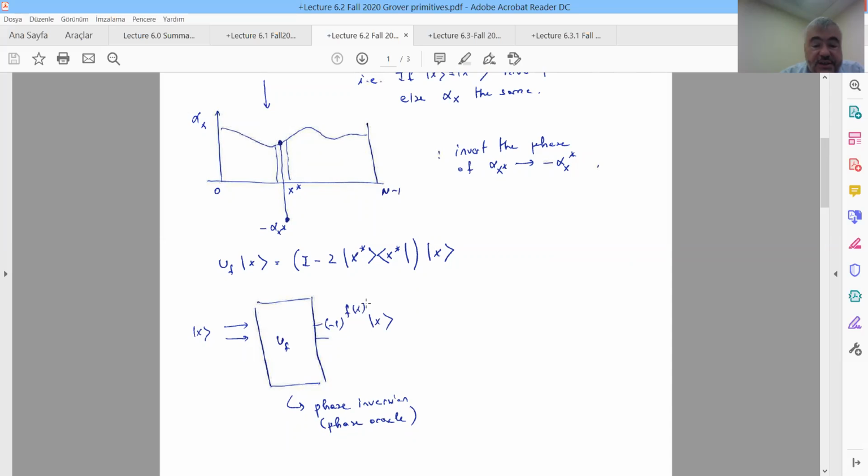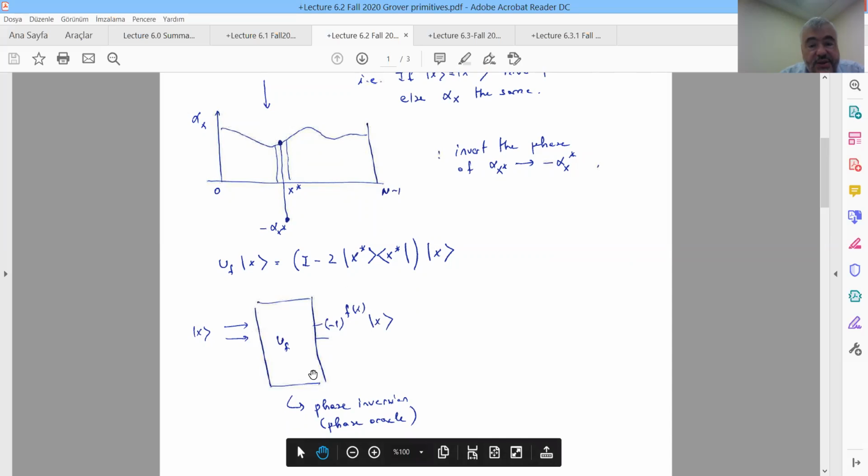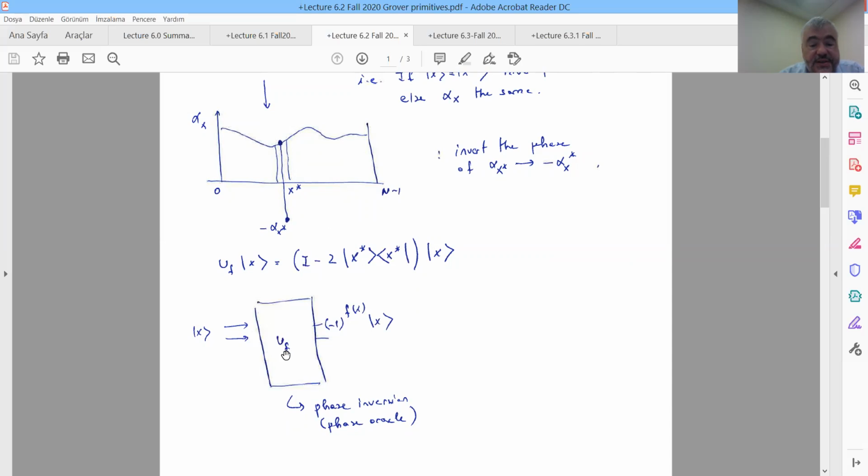For all the other x, f of x is 0, so you have a plus 1 phase in front. So this phase oracle represents this unitary transform and executes the phase inversion operation.